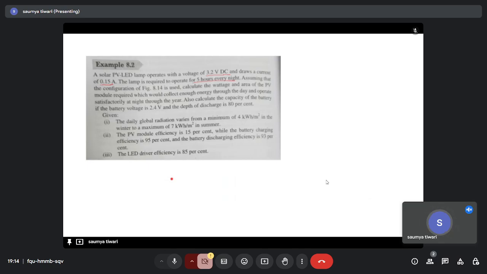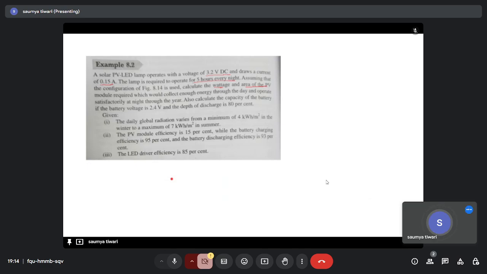Assuming that the PV LED configuration is used, calculate the wattage, power, and the area of the PV module required, which would collect enough energy through the day and operate satisfactorily at night through the year. Also calculate the capacity of the battery if the battery voltage is 2.4 volts and the depth of discharge is 80%.